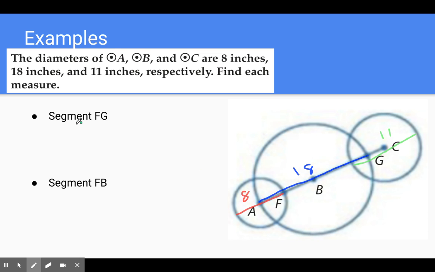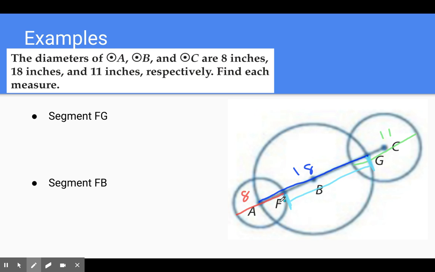Find each measure. If we're looking for segment FG, let's see where FG is at. If I use an even different color, F is here, and it goes all the way to G, which is right there. So we know that this whole length here is 18, but FG is minus this little part of the red area.